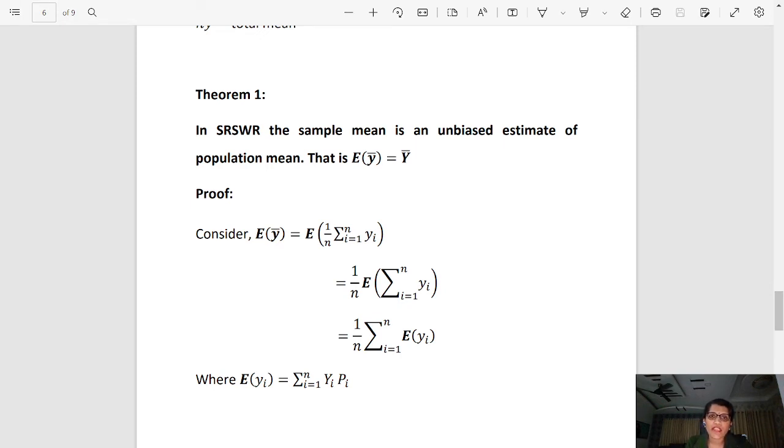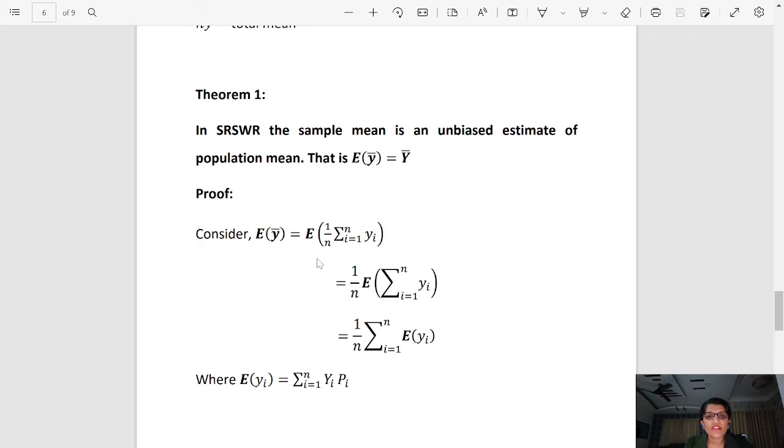Consider the expected value. See the LHS of this equation. We simplify this: y bar is 1 upon n summation of yi. This is the formula of y bar.